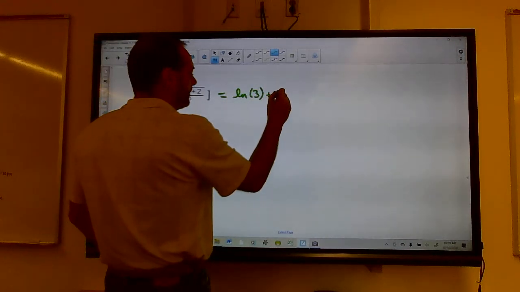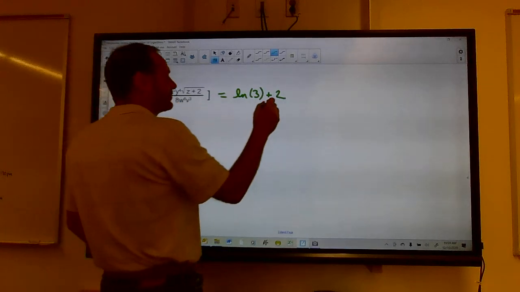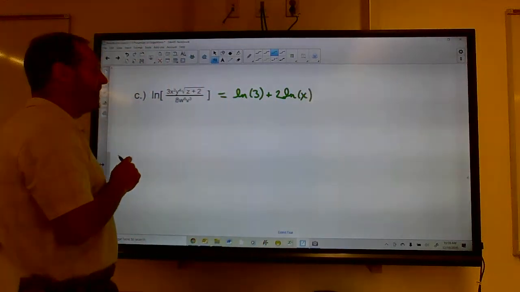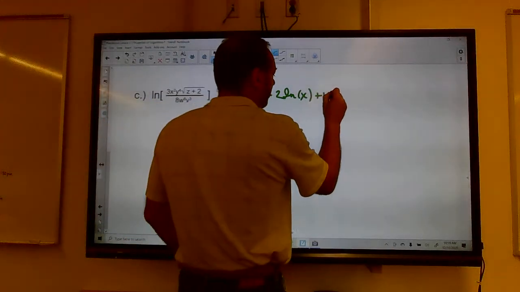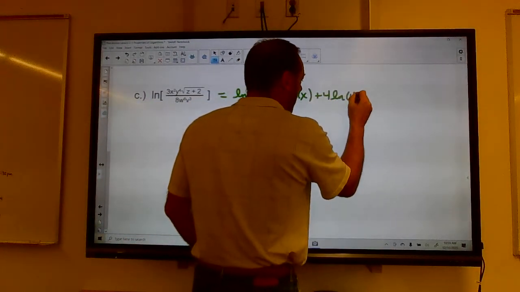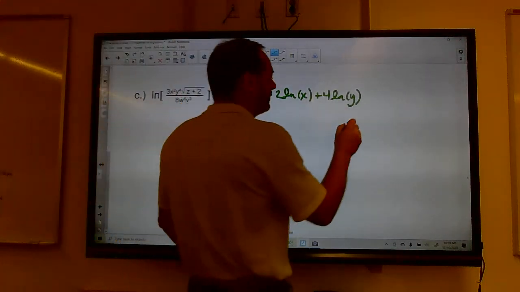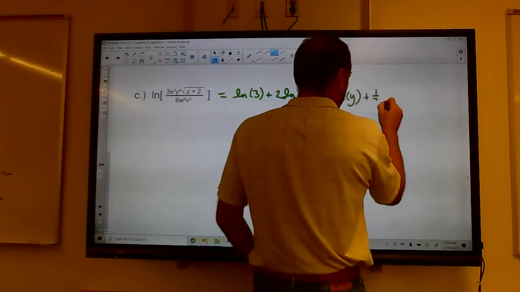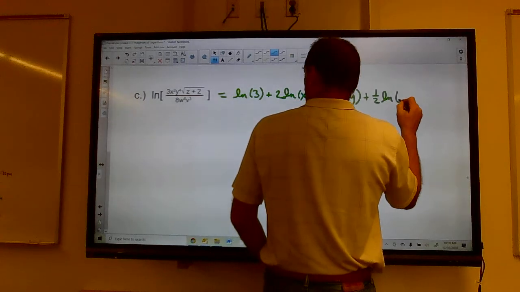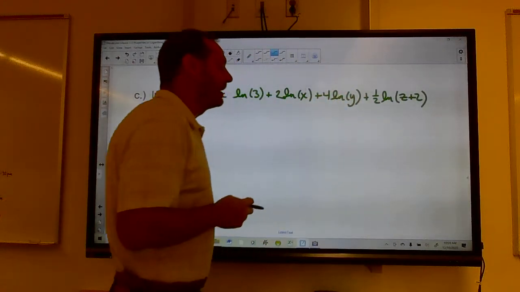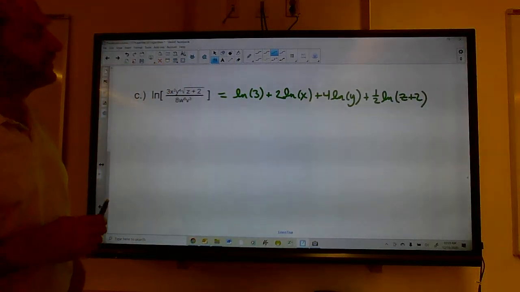So here we go. Natural log of 3 plus 2 times the natural log of x, because it's x squared, right? Plus 4 times the natural log of y, because it's y to the 4th, plus square root is a 1/2 power, natural log of z plus 2, and that I can't break up because it's addition.